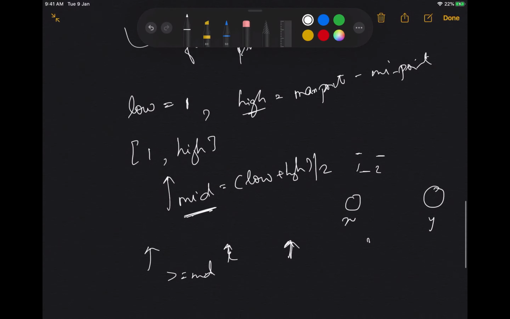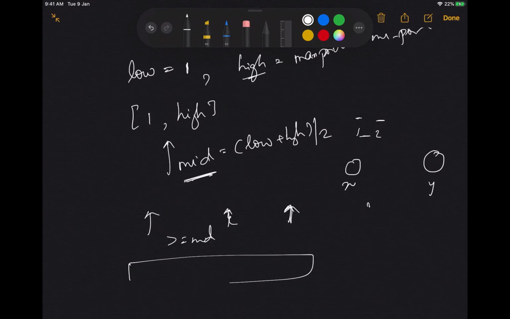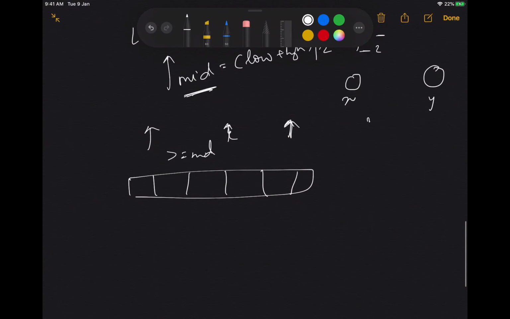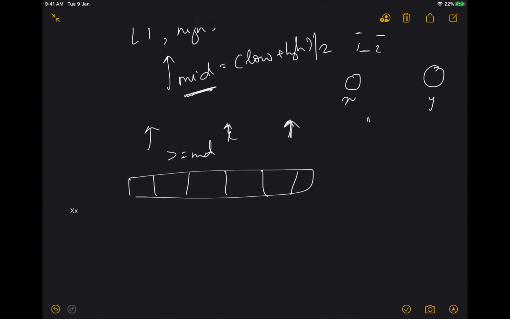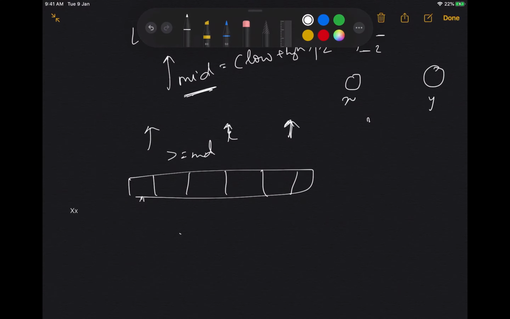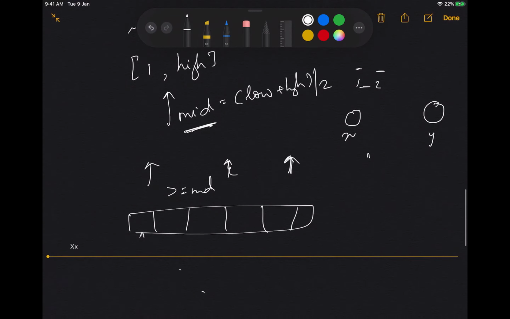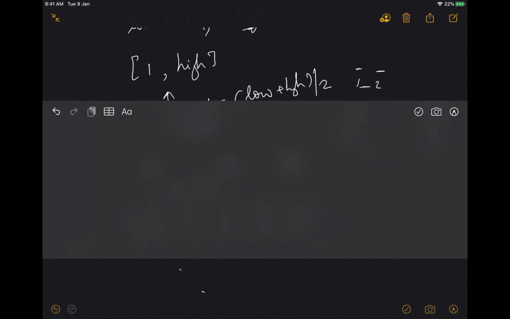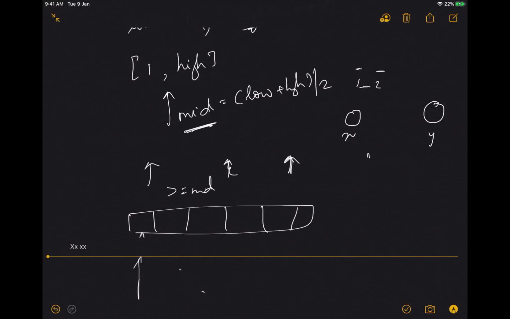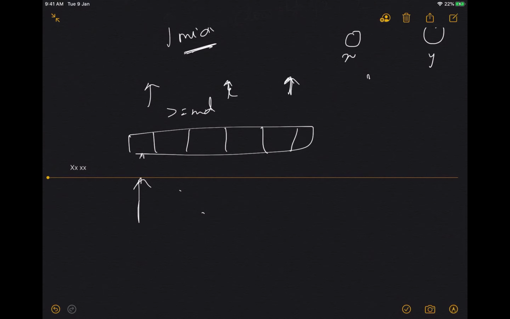For example, we start with the array. We don't have any cows, so we just start with the first cow, or first ball. So we put it here, right? Okay. After that we move on to another position.